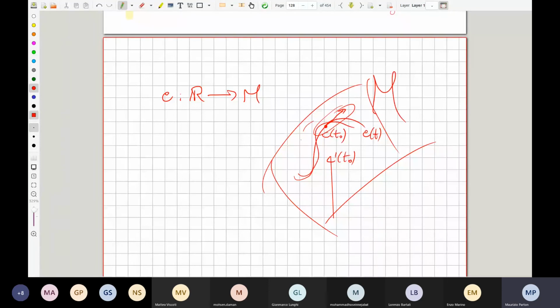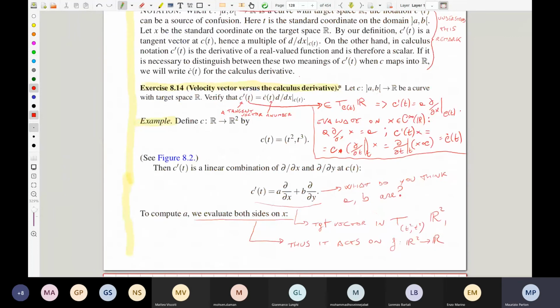Locally, around here, you can look at this as Rn, and then this will be a usual curve, and this C prime will be the usual derivative of the curve. I mean, everything works well, but you have to prove it.